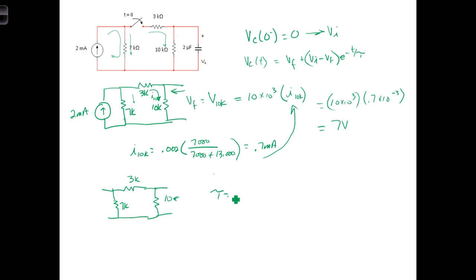So tau is equal to R equivalent times C, and the equivalent resistance seen there is 10k in parallel with the 7 plus 3, so 10k in parallel with 10k. That's going to be 10 kilo ohms in parallel with 10 kilo ohms times C. Well, that's 5 times 10 to the third times C, which is 2 times 10 to the minus sixth. So I'll let you take it from there.